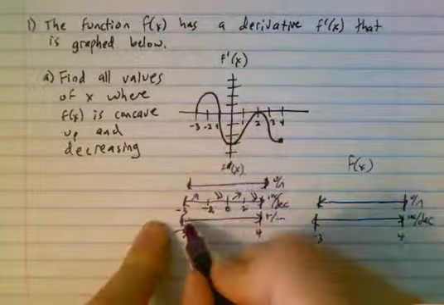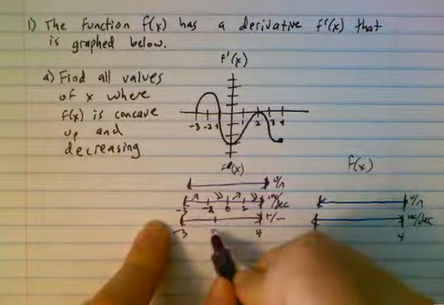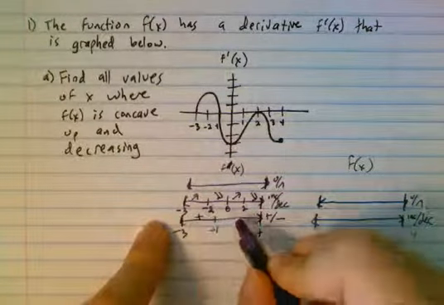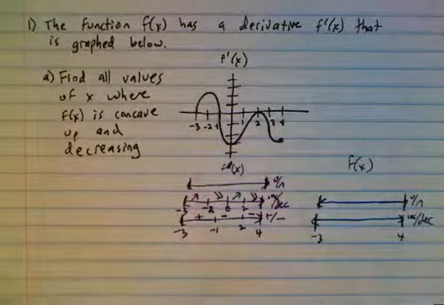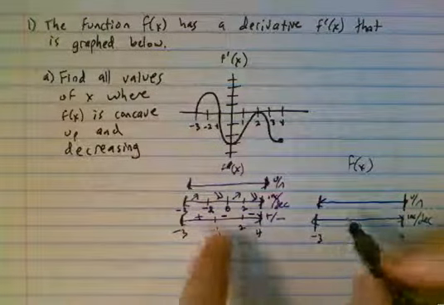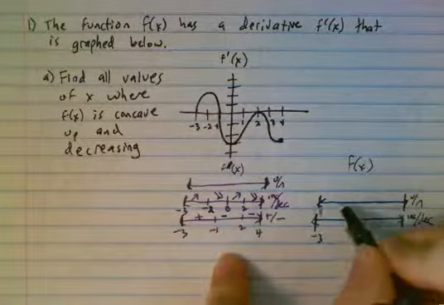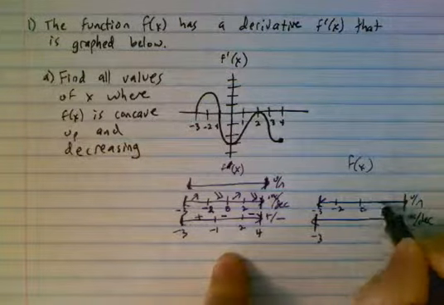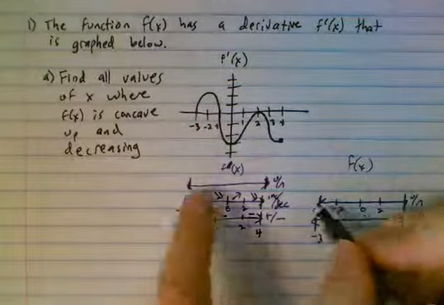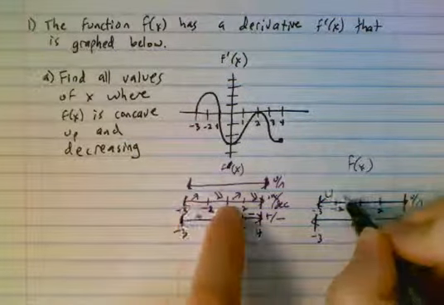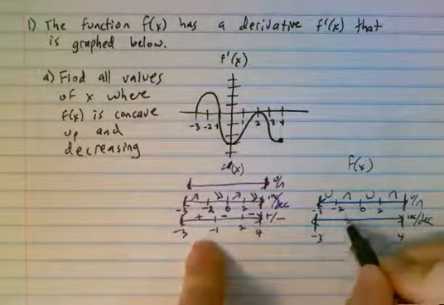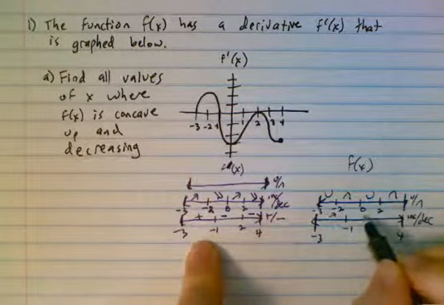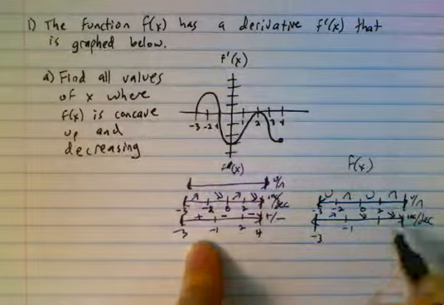This is positive from -3 to -1. It is negative until 2, and after that it is still negative. So, when we translate here, that means concave up, concave down, concave up, concave down, increasing, decreasing, decreasing.